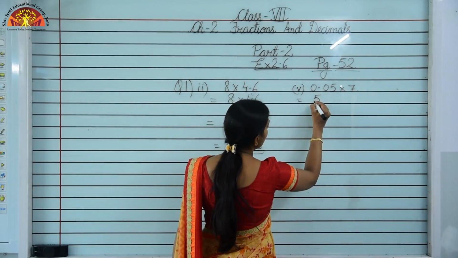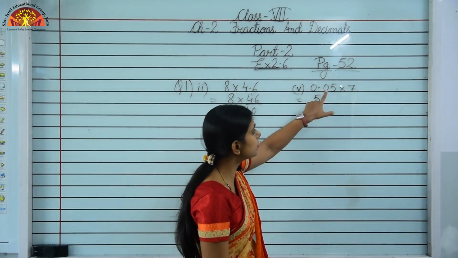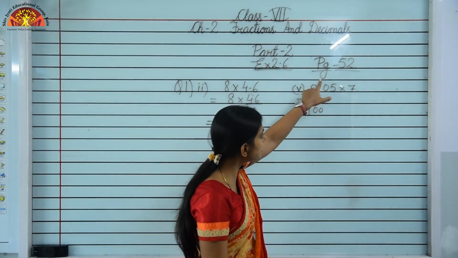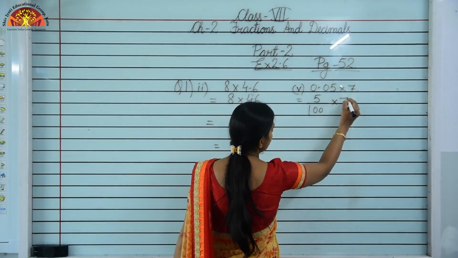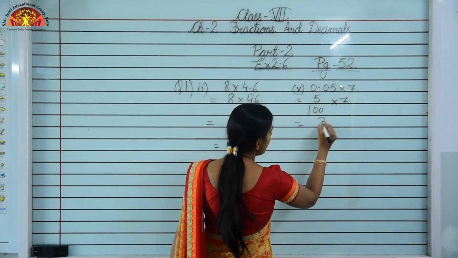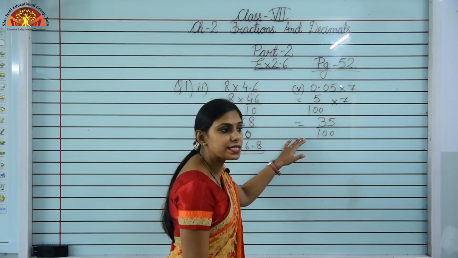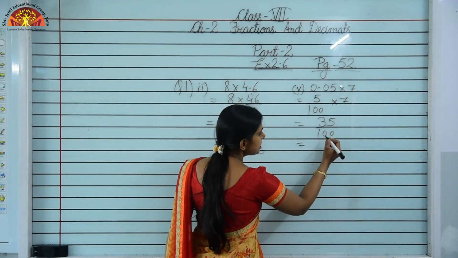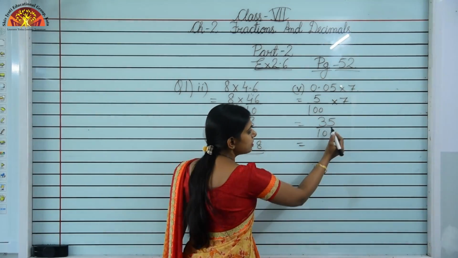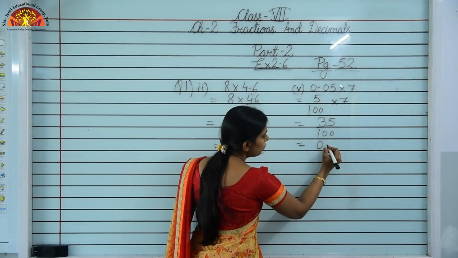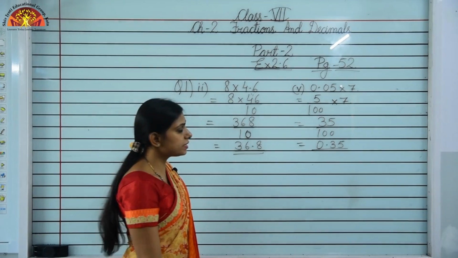So 5 upon 100 into 7. 5 sevens are 35. 35 upon 100. Now again you can convert it into decimal notation. Since it's 100, you will place the decimal after two digits from the right. This is first and second. So it will become 0.35. Got it children?